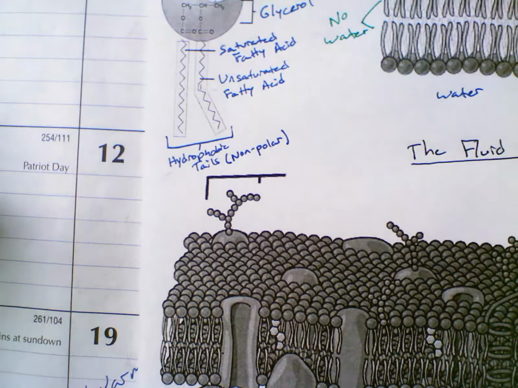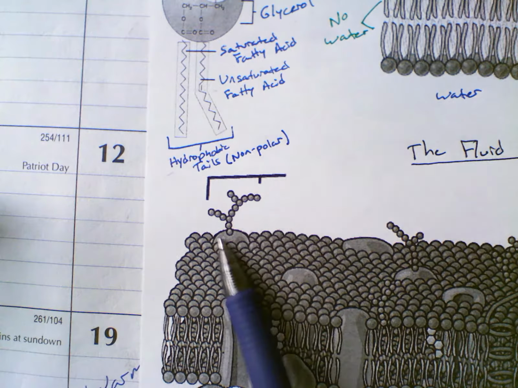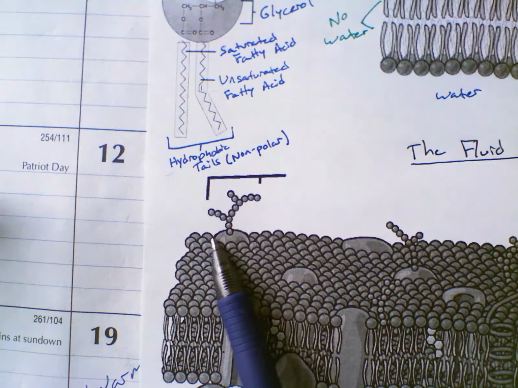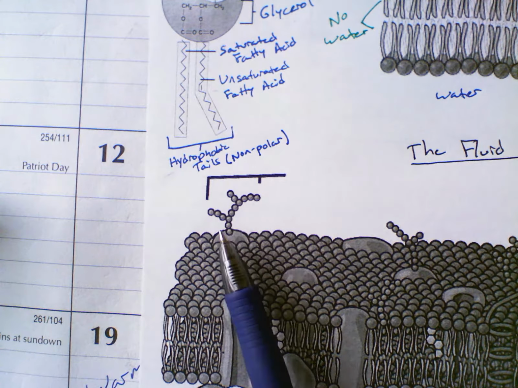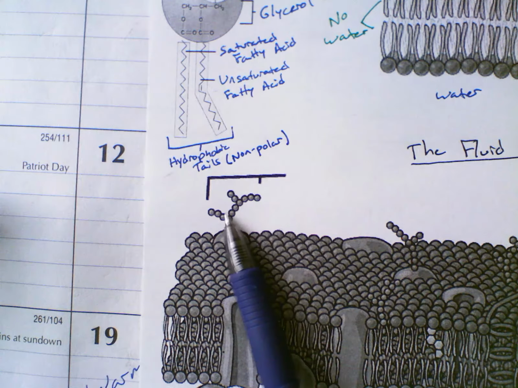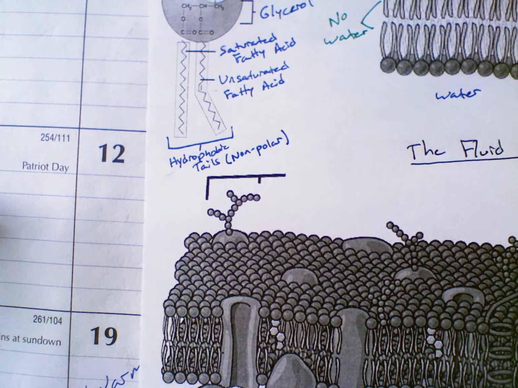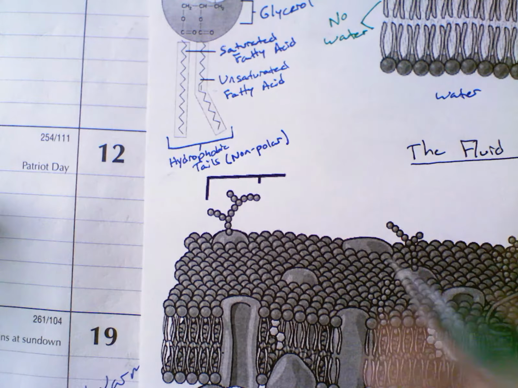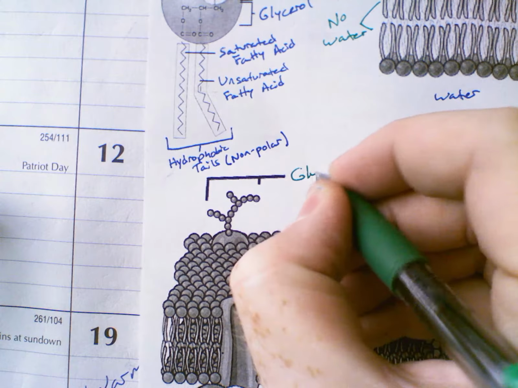Here what we see is a transmembrane protein. You can see its little head sticking out here. So you have a transmembrane protein with a chain of stuff coming off of the top. This is called a glycoprotein.